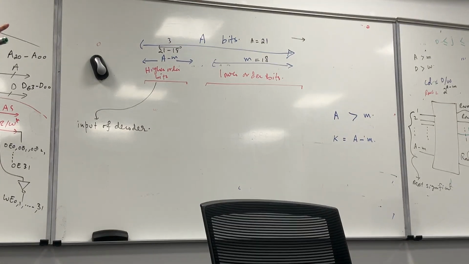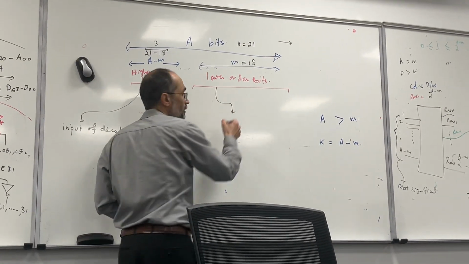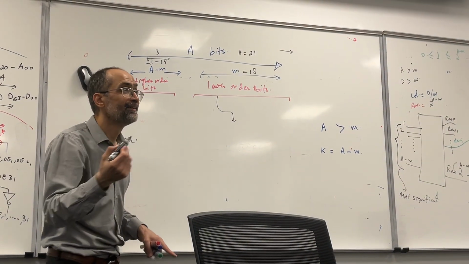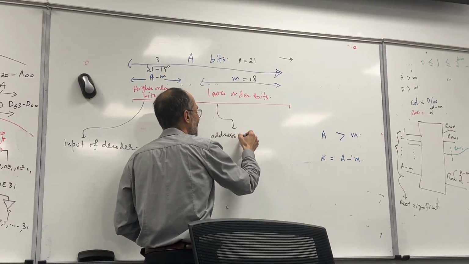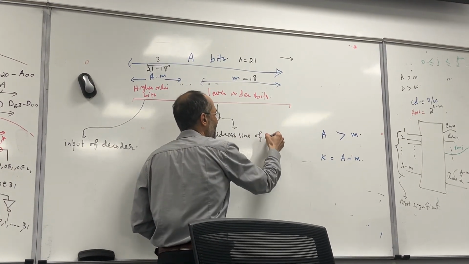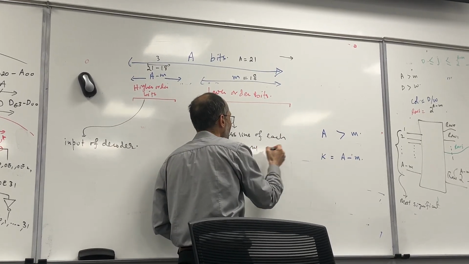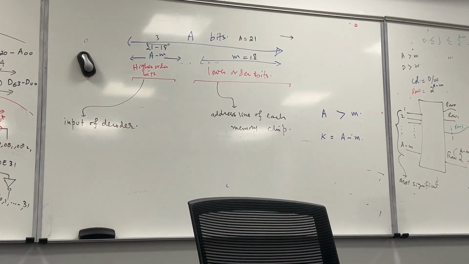And the lower order M bits will be connected to what? To the address lines of each memory chip. Clear or not clear?